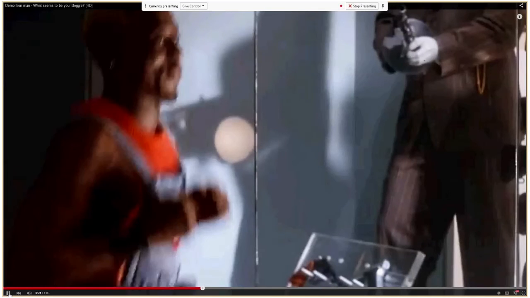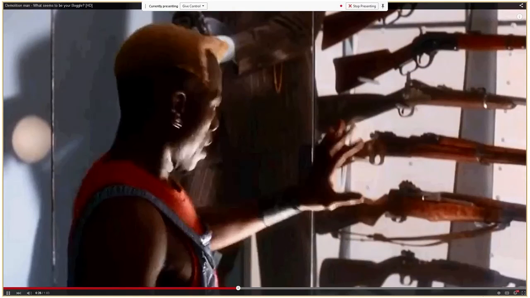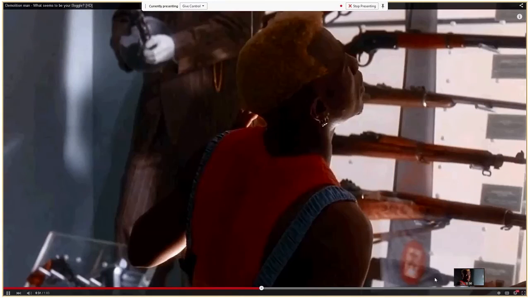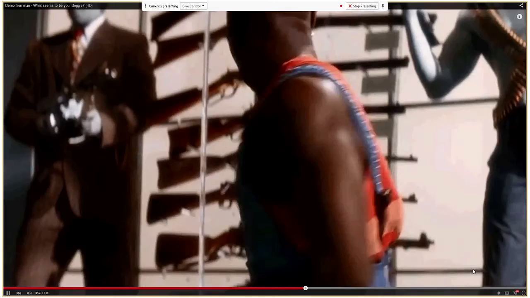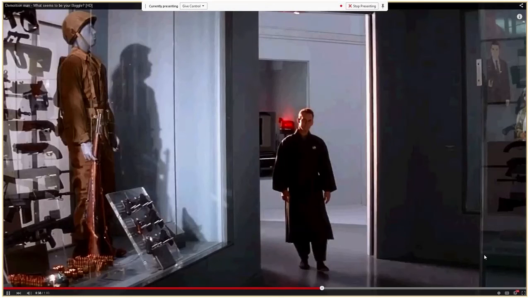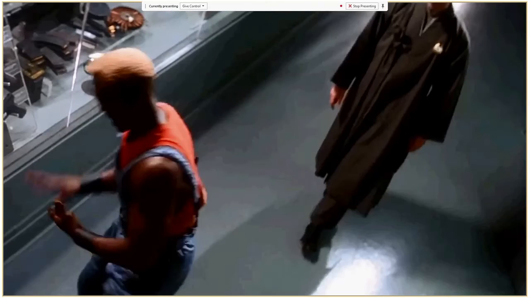What is your boggle? This is the Donald Trump one.